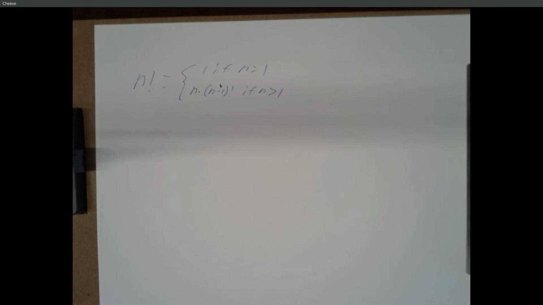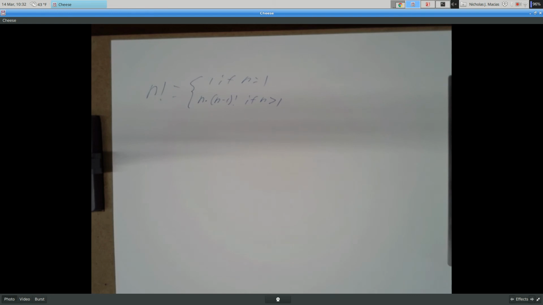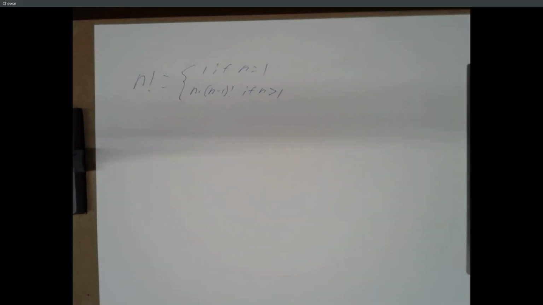If n is 1, n factorial is just 1. If n is bigger than 1, n factorial is n times n minus 1 factorial. Right? And we know that if we think about what a factorial is, from that algorithm we can write code. And the code would be, you know, factorial n, if n equals 1, return 1, return n times factorial n minus 1. Kind of comes straight out of that.